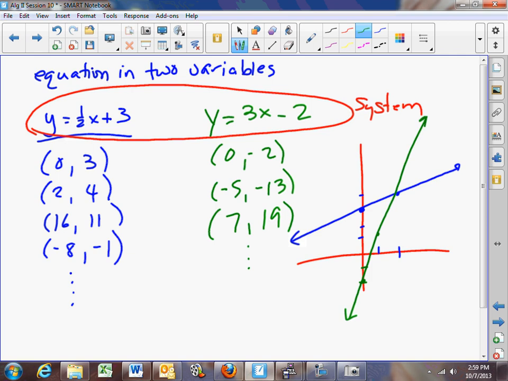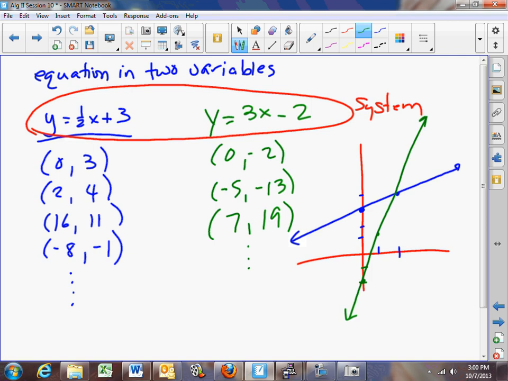Now, notice every point on the blue line is matched with an ordered pair that makes the blue equation true. Every point on the green line is matched with an ordered pair that makes the green equation true. Now the question becomes, what ordered pair makes both of these equations true at the same time?